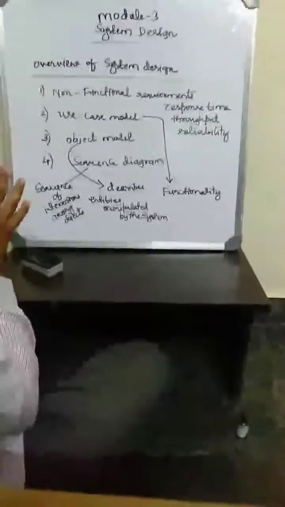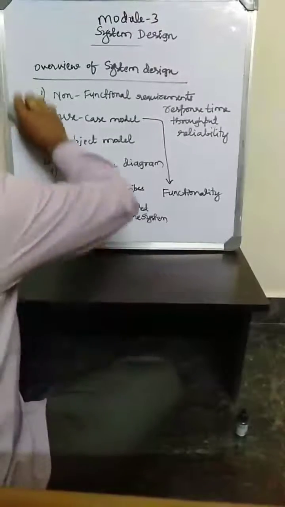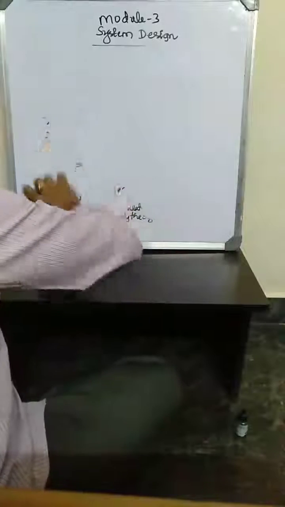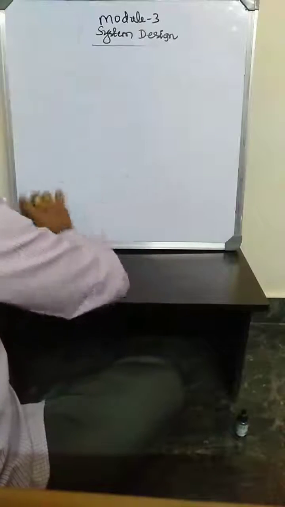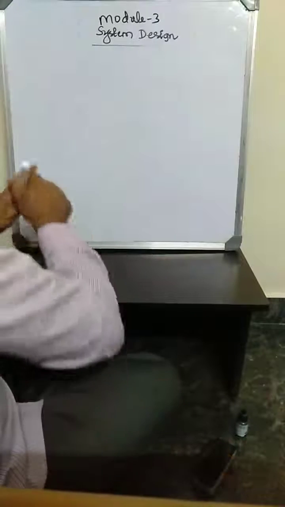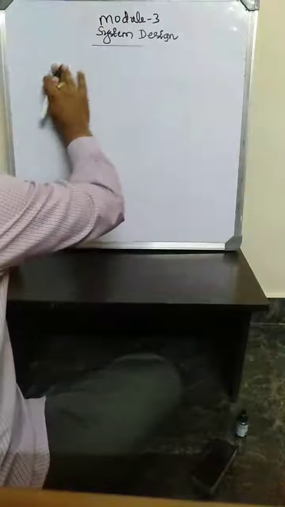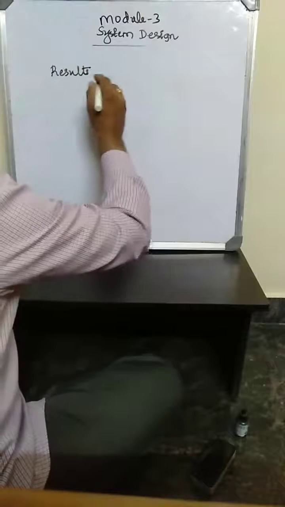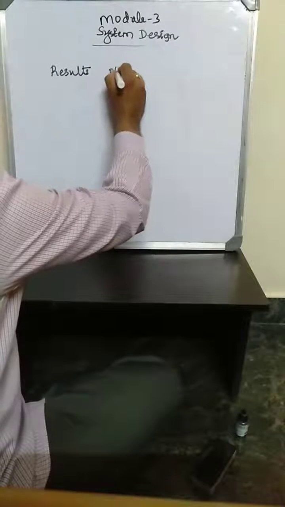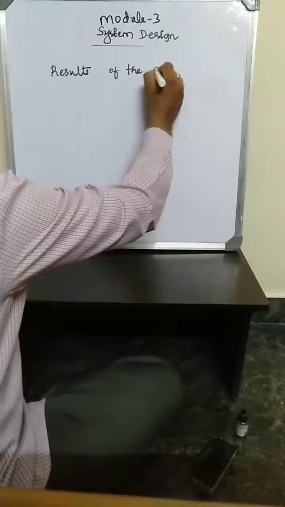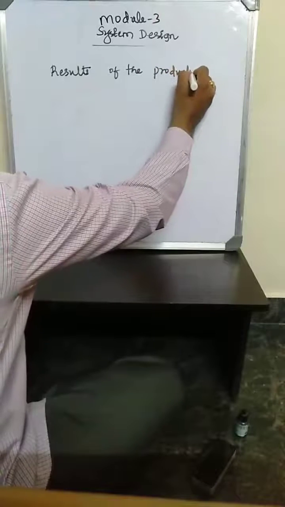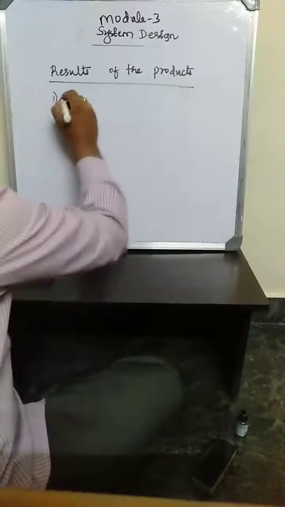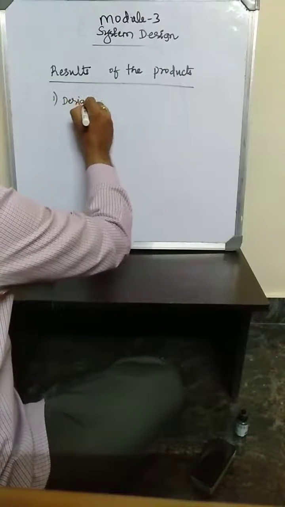And if we come to the next one, in that topic only, what we need to understand now is the results which are obtained by the products. If we list the results, one is the design goals, which we have discussed.